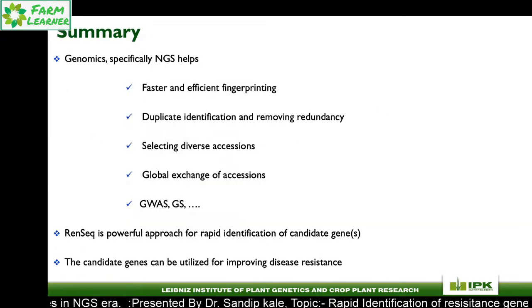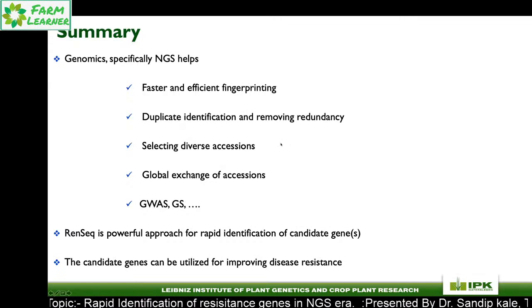So in summary, genomics, especially NGS technology, can be used for faster and more efficient fingerprinting of a large number of samples, and also for identification of duplicates and removing redundancy, then selection of diverse samples like we did.